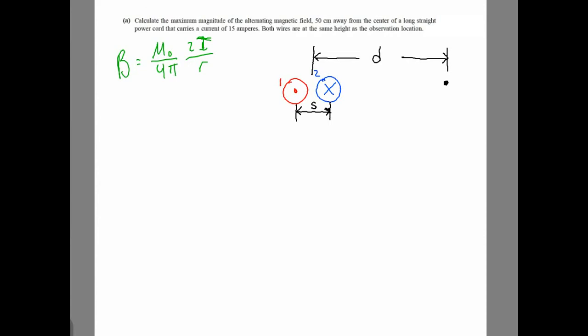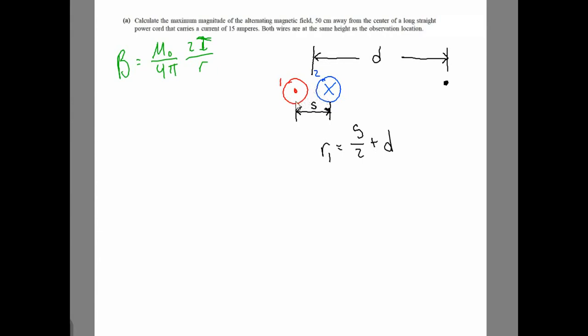Knowing this, we know that R1 is going to equal S divided by 2 plus D. R1 is the distance from the center of wire 1 to the observation location. So R1 equals half of this distance, which is from the middle of wire 1 to the middle of both of the wires.